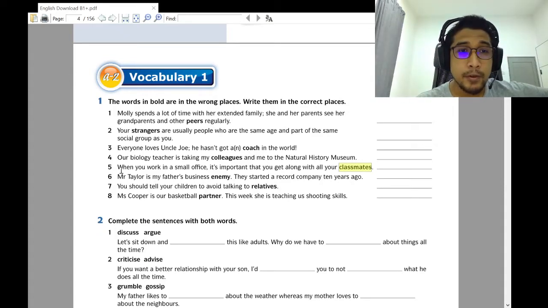Number 5, when you work in a small office, it's important that you get along with all your... It's talking about work, so it must be rakan sejawat. What's that word? Yes, colleagues. Number 6, Mr. Taylor is my father's business partner.